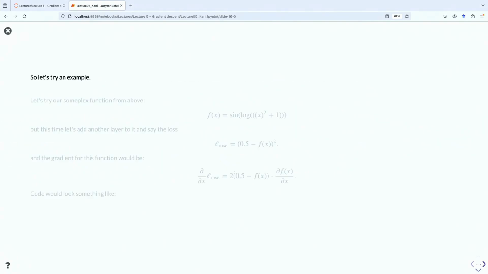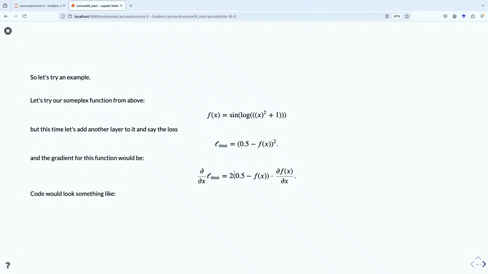So same thing. Let's try the example that we had before. We have this loss function of f of x, and so we want the derivative of this loss function. We want to take the gradient of this loss function, where we set y equal to 0.05. So we take the derivative of (0.05 minus f of x) squared. So it's 2 times (0.05 minus f of x) times the gradient of f of x, df/dx. Okay?